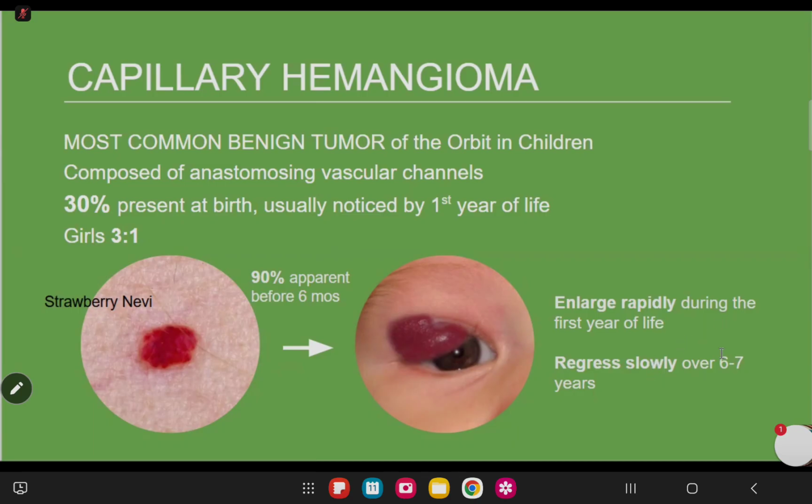They regress slowly over 6 to 7 years. However, for those patients that are symptomatic or at risk for significant astigmatism due to the pressure exerted by the mass.